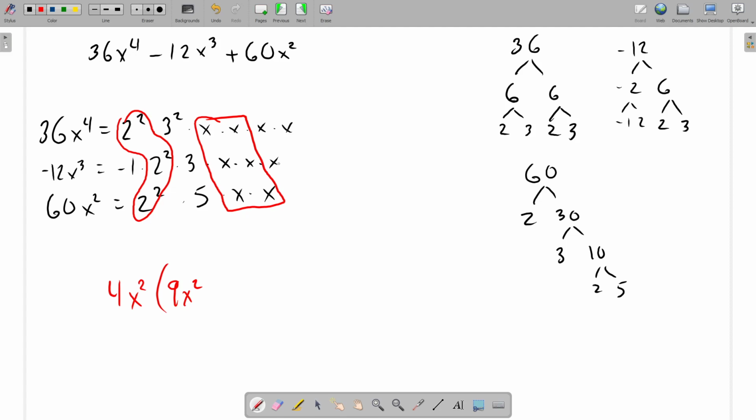Negative 1 times 3 times x, negative 3x. And then I have just a 5 left for my last term, plus 5. Just like that, we have our greatest common factor factored out from the polynomial.